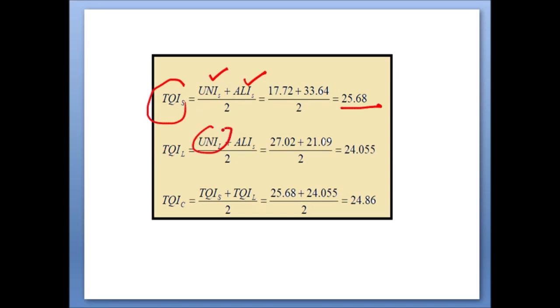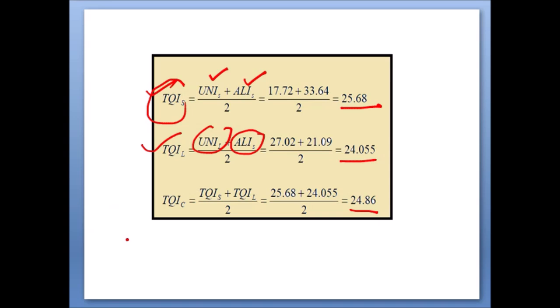And TQIL, similarly based on long chord, divided by 2, you get around 24.05. Now if you know these, you can calculate TQIC, which is equal to TQIS plus TQIL by 2, which is equal to 24.86. This is how we calculate track quality index combined.